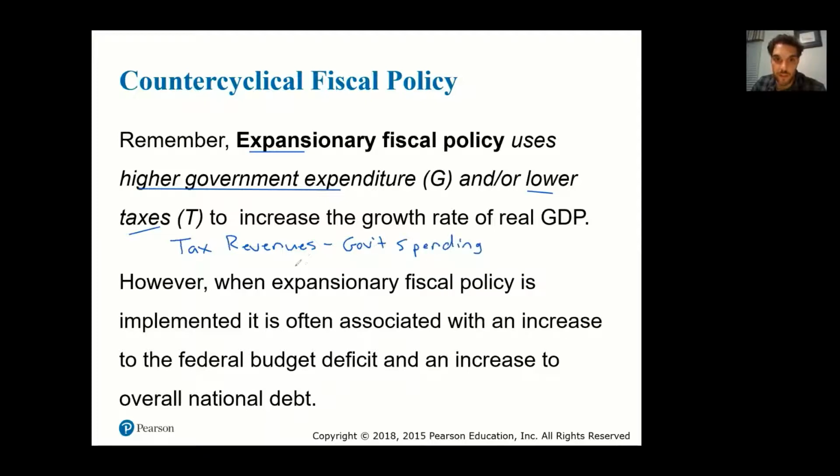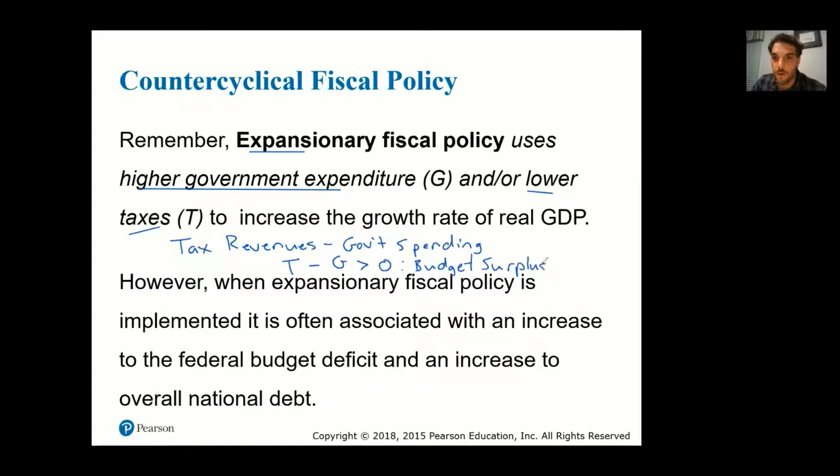We'll simplify this into tax revenues being equal to T and government spending being equal to G. When tax revenues are greater than government spending, meaning the difference between T and G is greater than zero, we call that a budget surplus.